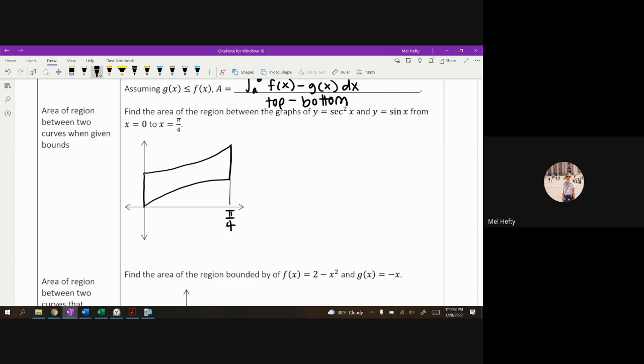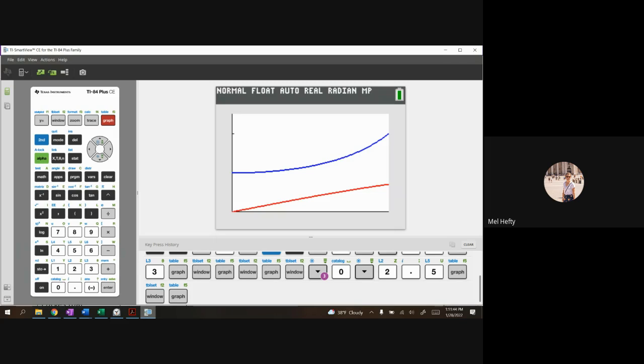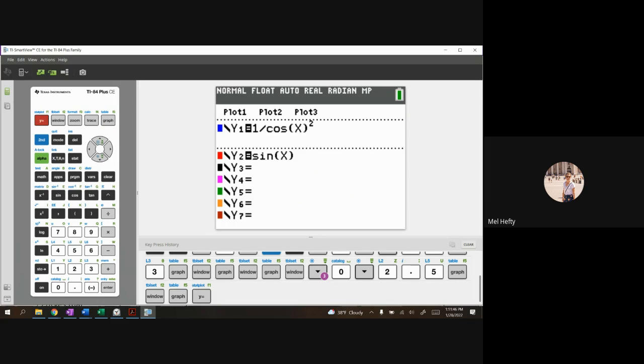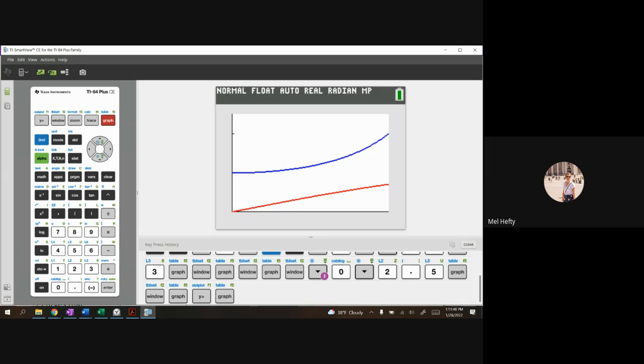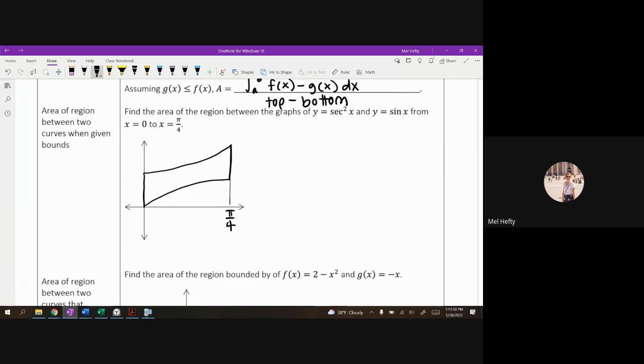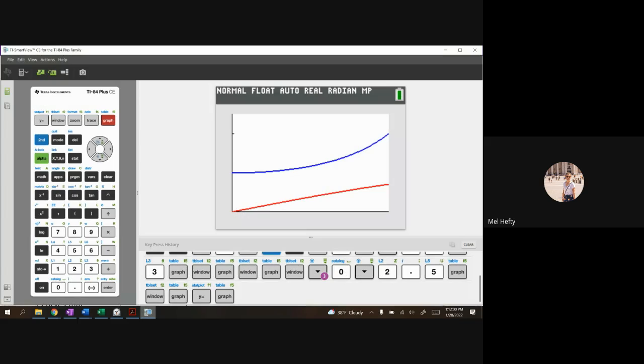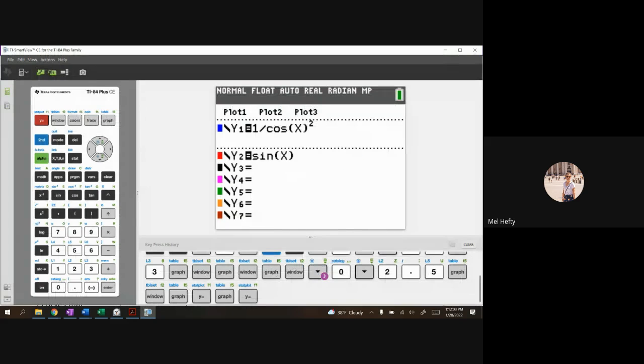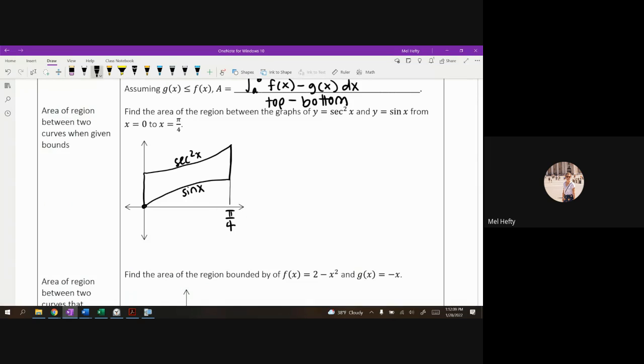All right. Looking at my graph, the blue one, which was my secant squared, is the function that is up here. So I'm going to label it on my picture, and then this was sine x. Also, my knowledge of sine, I know sine goes through the origin, so you could also remember that.